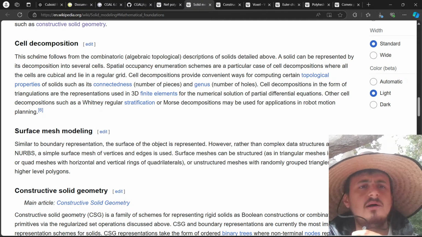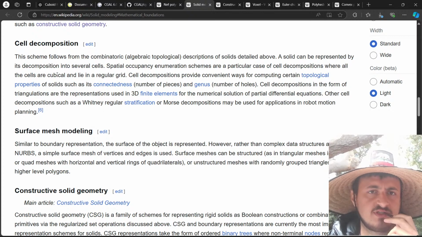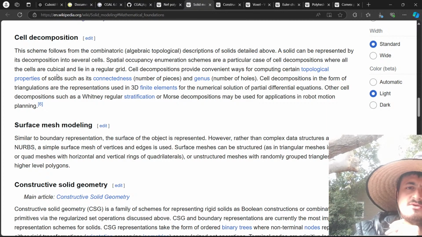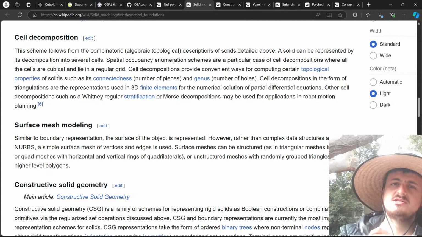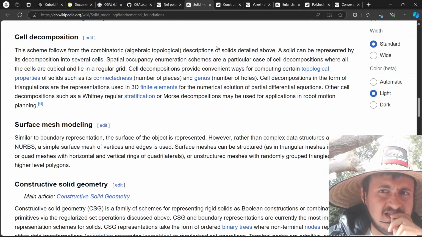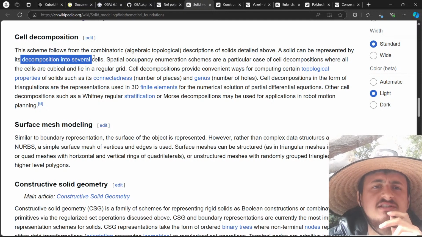Cell decomposition. Okay, what we're doing, just for context, is looking at different ways of doing solid modeling. This scheme follows from the combinatoric algebraic topological descriptions of solids detailed above. A solid can be represented by its decomposition into several cells.